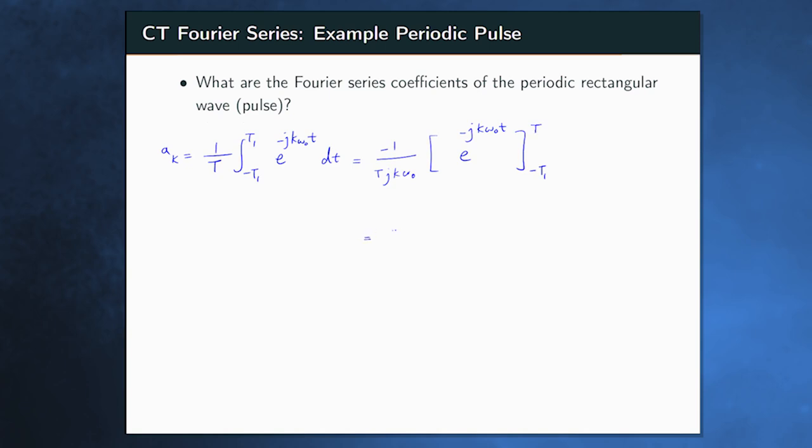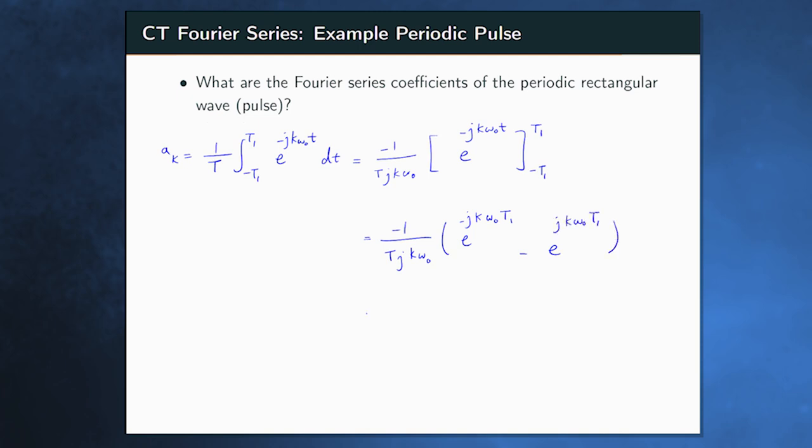That's going to be equal to negative 1 over T j k omega naught multiplied by e to the minus j k omega naught t1, minus e to the j k omega naught t1.